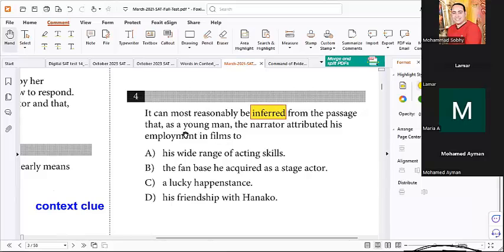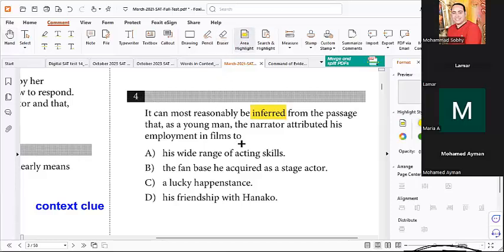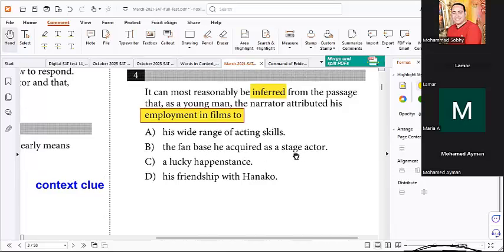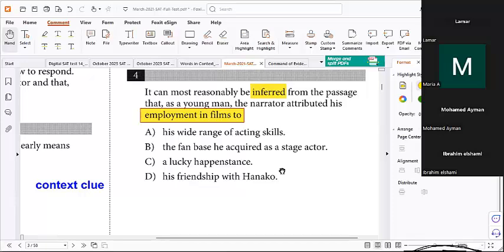Why did he work in this one? His wide range of acting skills, this is the reason. The fan base he acquired as a stage director, the lucky happenstance, his friendship with.